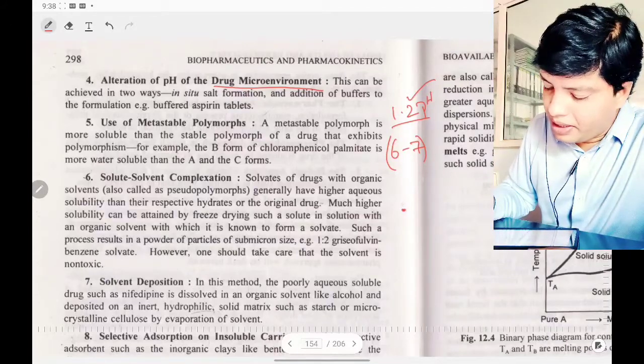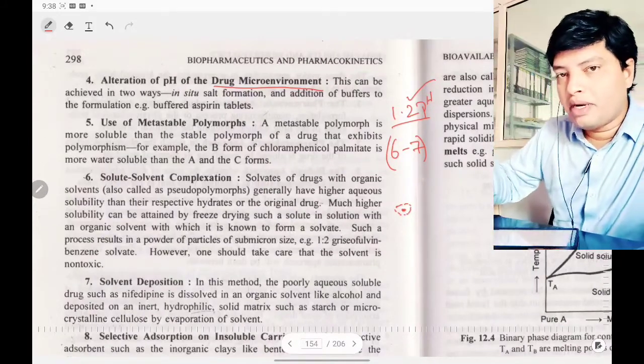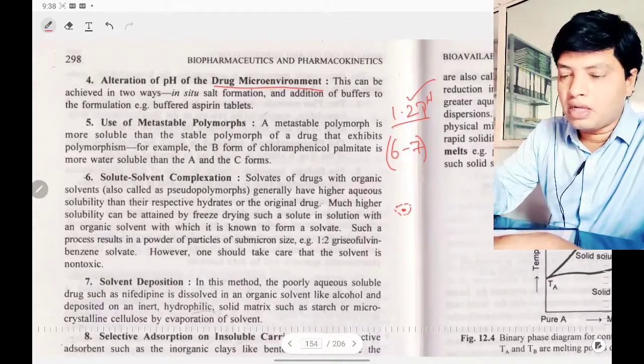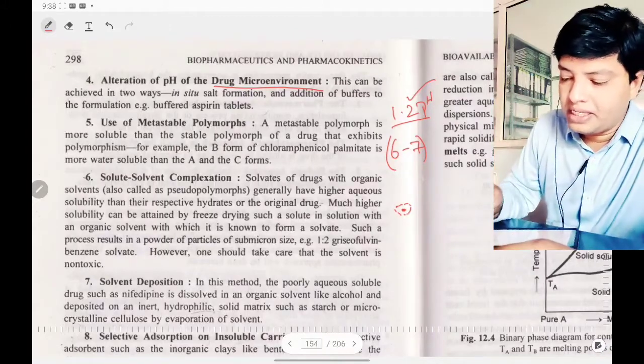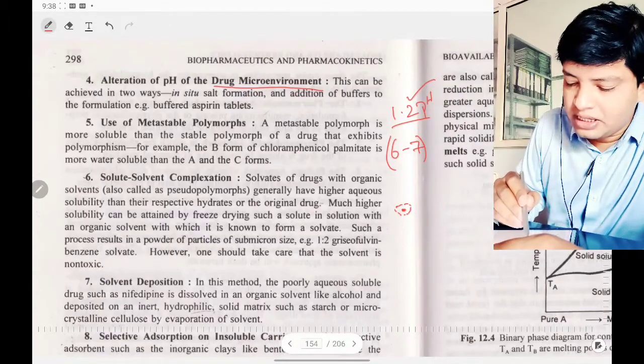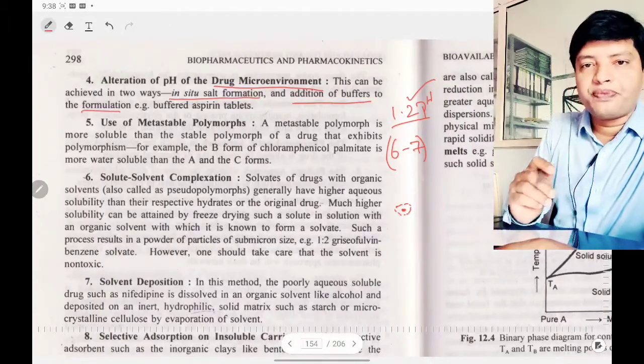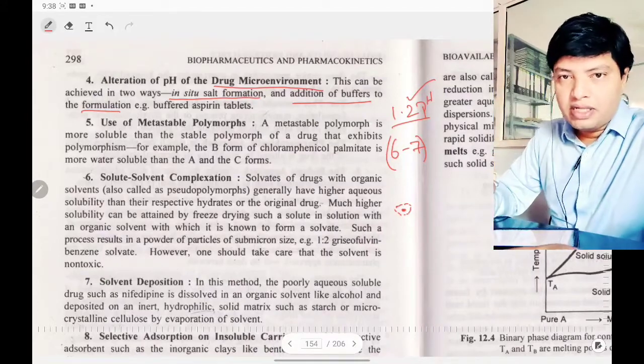if this is the drug particle, around the drug particle there is a microenvironment. I will try to modify that microenvironment according to the soluble pH. This can be achieved in two ways, that is in situ salt formation or addition of buffers to the formulation. I will add buffers to the formulation. What happens?